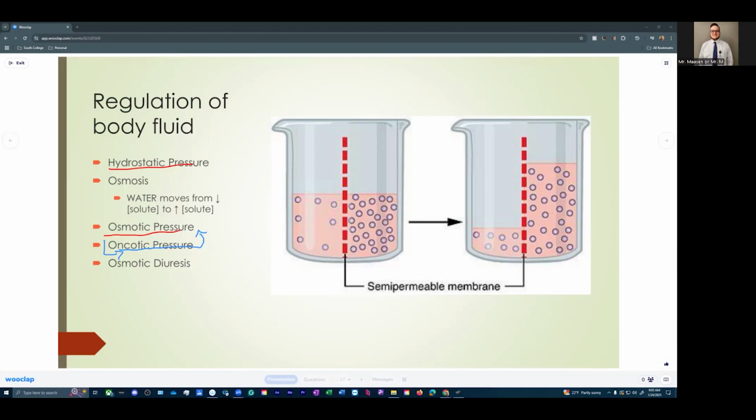What it's doing is talking about any pressure created by usually plasma proteins or any molecule that likes to pull or suck water towards them. Some of you may know what molecule in our blood likes to pull water where it is. Give you a second to think about it.